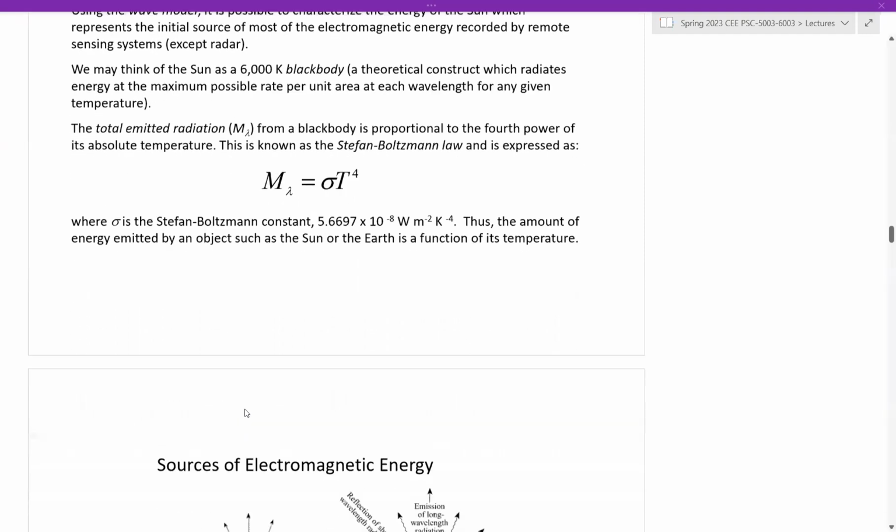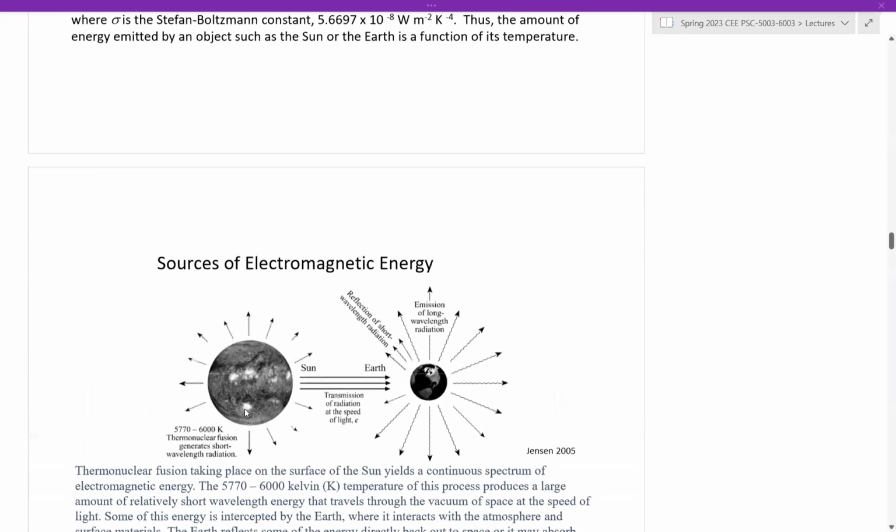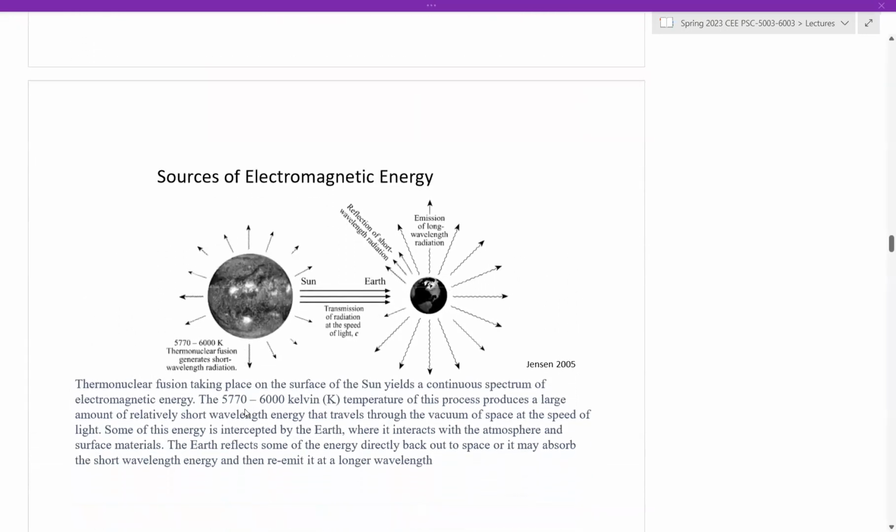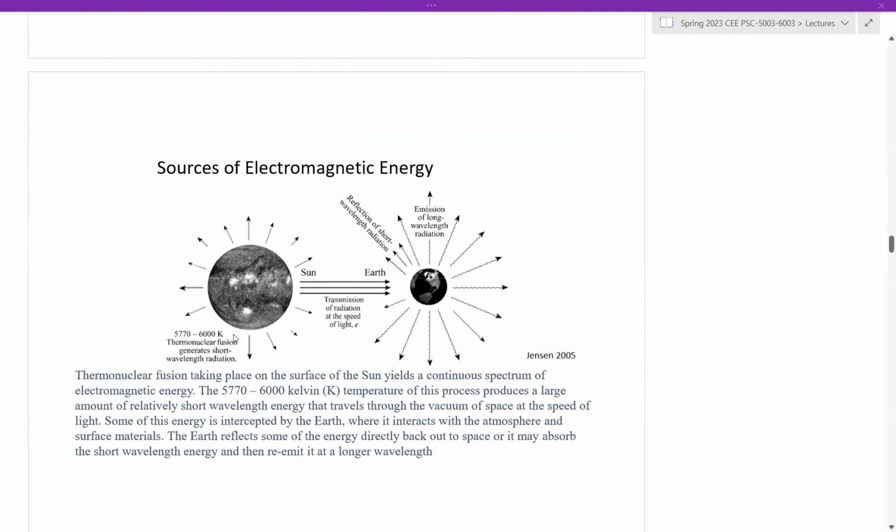So the amount of energy that the sun produces is much, much larger. Remember, it's to the power of 4, comparing Earth at about 300 kelvins versus the 6,000 kelvins that the sun is.